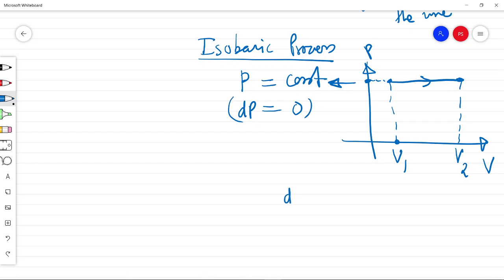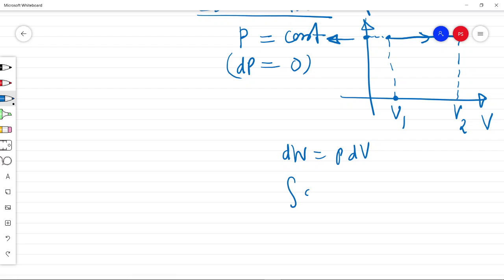And again, since dW is P dV, if we integrate this dW to find the total work done during this process, what we get is integral P dV.